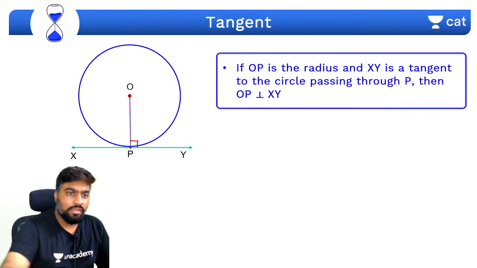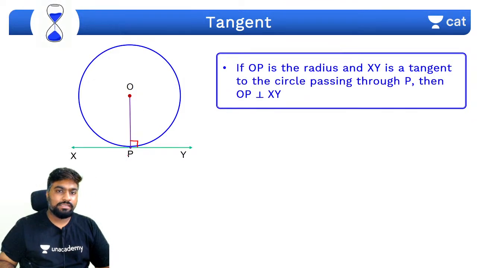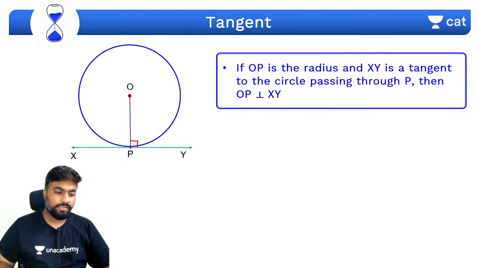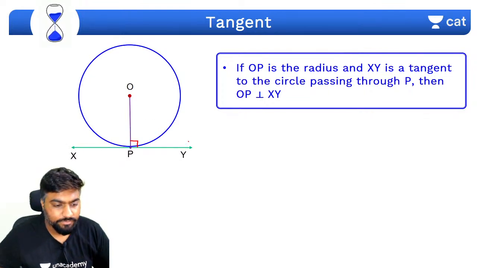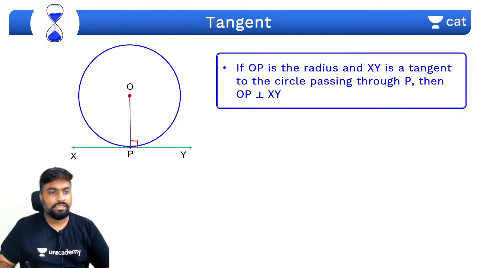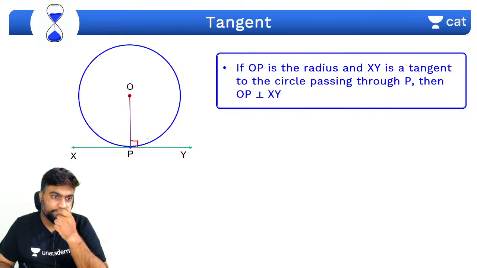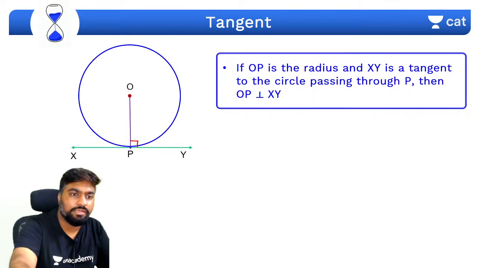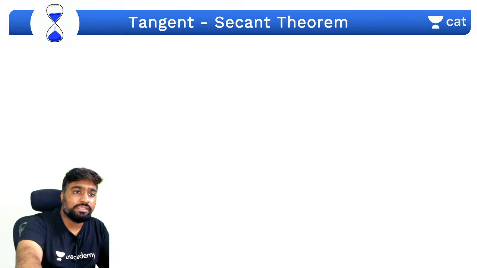OP is the radius, XY is a tangent, then OP will always be perpendicular to XY. The point of intersection of the radius and tangent will form a 90-degree angle. That's rule 1.